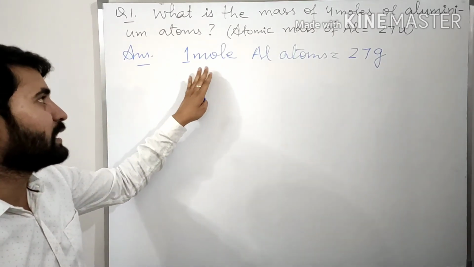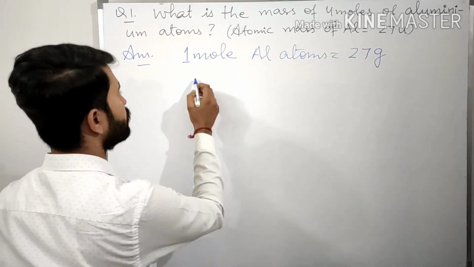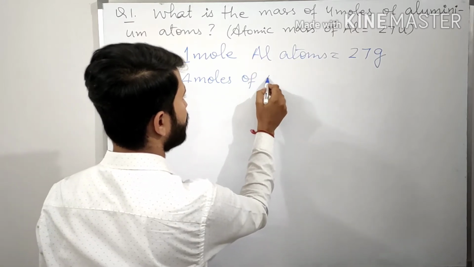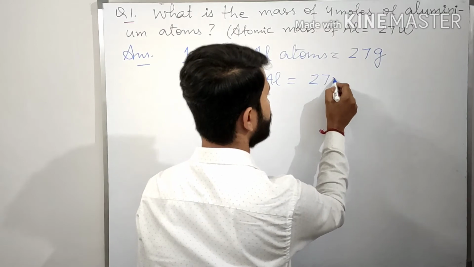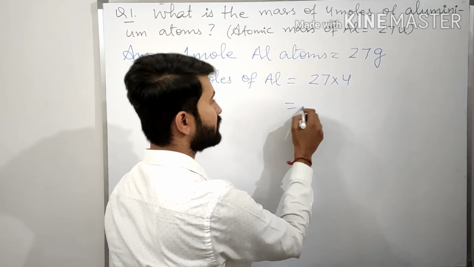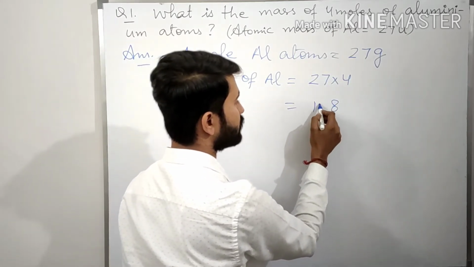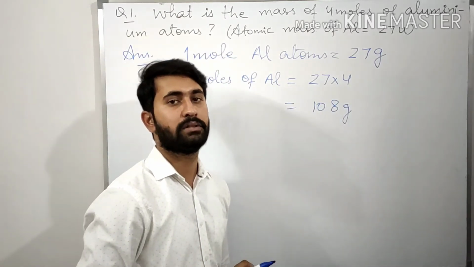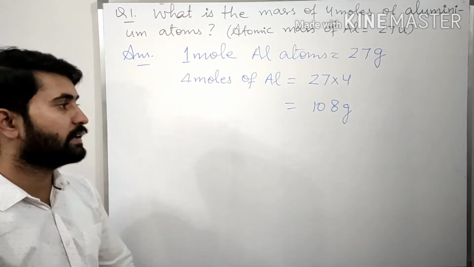Now we can multiply this 1 mole by 4 to get the mass of 4 moles. So 4 moles of aluminium will have a mass equal to 27 multiplied by 4. 4 sevens are 28, carry 2, 4 twos are 8, plus 2, 10. So 4 moles of aluminium atoms will have a mass equal to 108 gram.